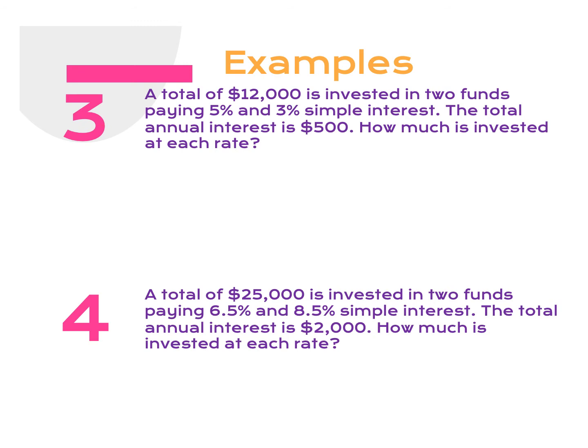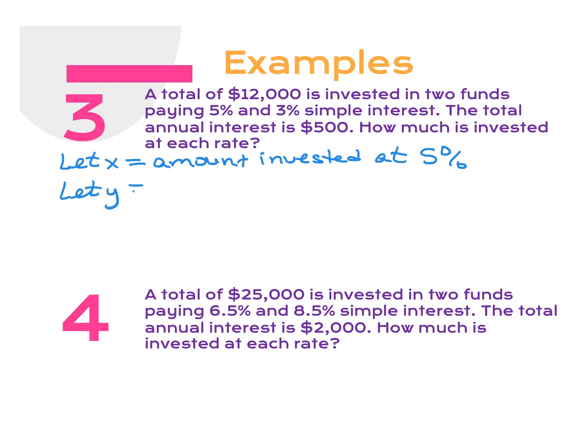I am going to let x in this problem be the amount that's invested at 5%. And then I'm going to let y be the amount that's invested at 3%.